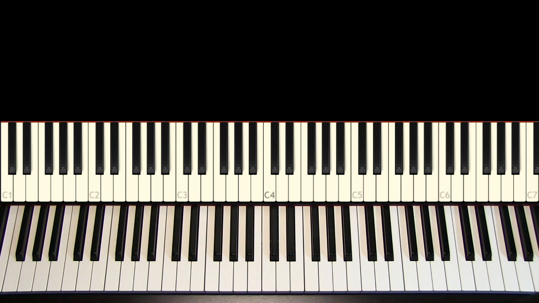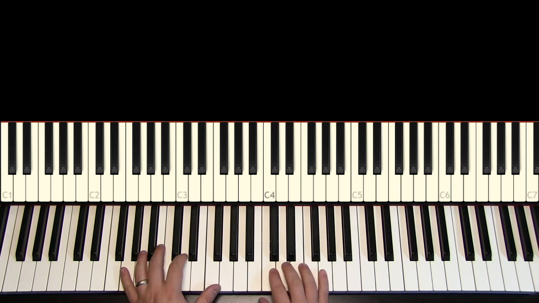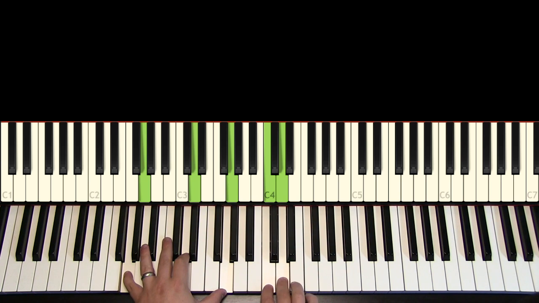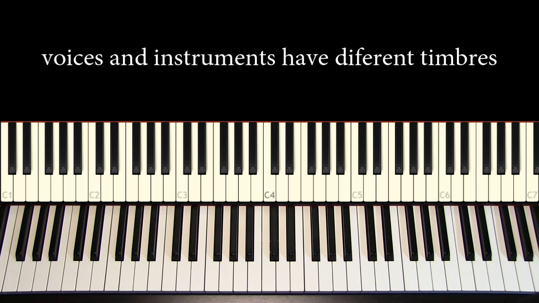Now, did you notice the clash between the melody and the chord at the very end? You probably didn't, but the melody, "Mount of thy redeeming," the melody doesn't fit with the G sus. Now, you probably didn't notice that for 2 reasons. One, the voice and the piano have very different timbres, meaning they sound a lot different.